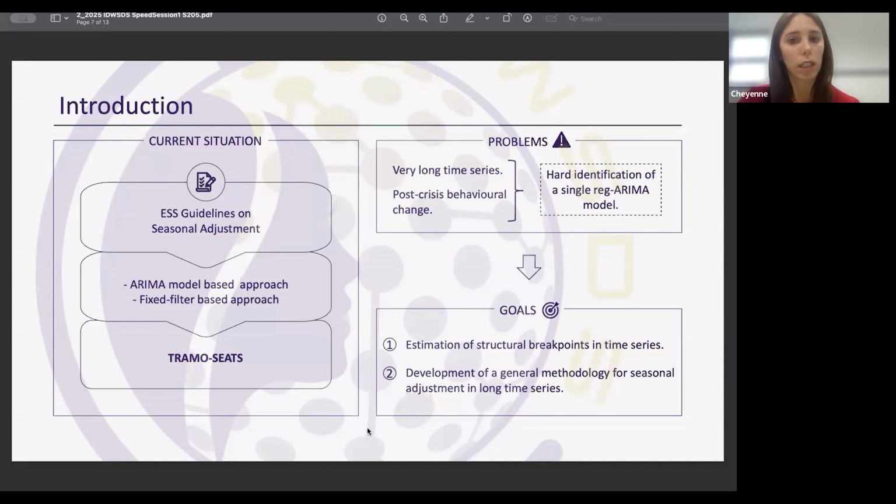So, faced with these challenges, there are two main objectives. On the one hand, to try to estimate the points at which the series change their behavior, which we call breakpoints. On the other hand, to propose a new general methodology for seasonal adjustment of long-term series. It is this latter objective which will be the focus of today's presentation.